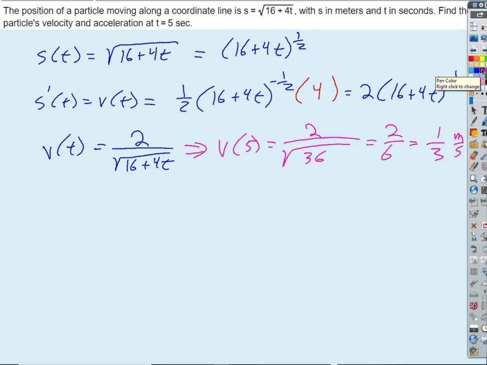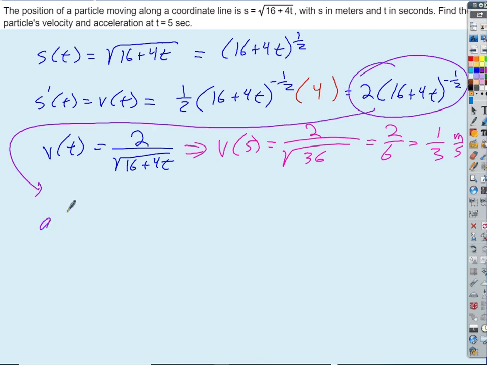So we'll use this. That's the most convenient place to continue differentiating, where it's written as a power. So a of t is going to equal v prime of t. What's that going to be? See what I got? So -1/2 times 2 would just be a -1. I get negative 16 plus 4t to the, what power? -3/2.